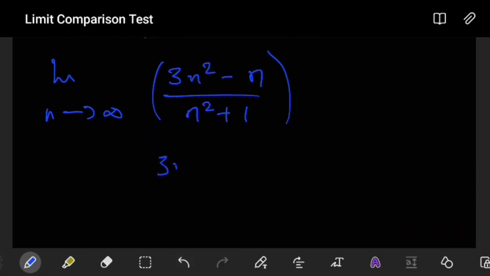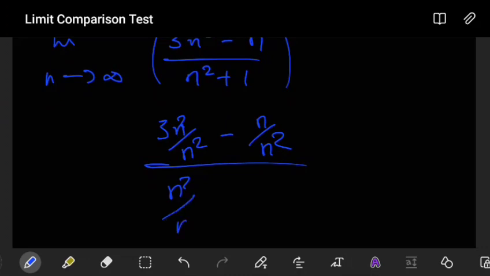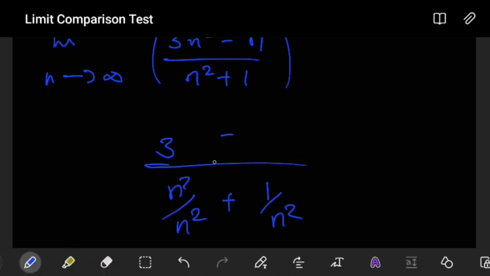So this is going to be 3n squared over n squared minus n over n squared, divided by n squared over n squared plus 1 over n squared. You see that 3n squared divided by n squared, the n squared will cancel, leaving us only with a 3 there. And then n over n squared, the n will cancel once, leaving us 1 over n.